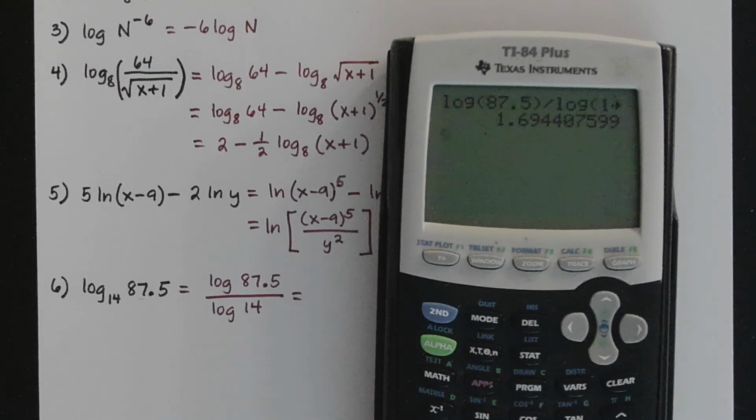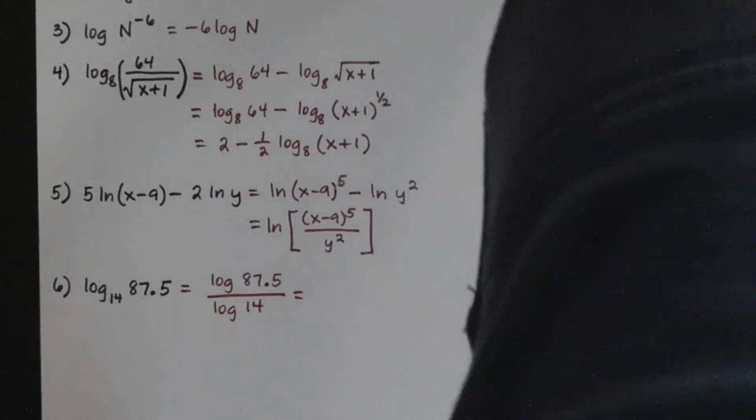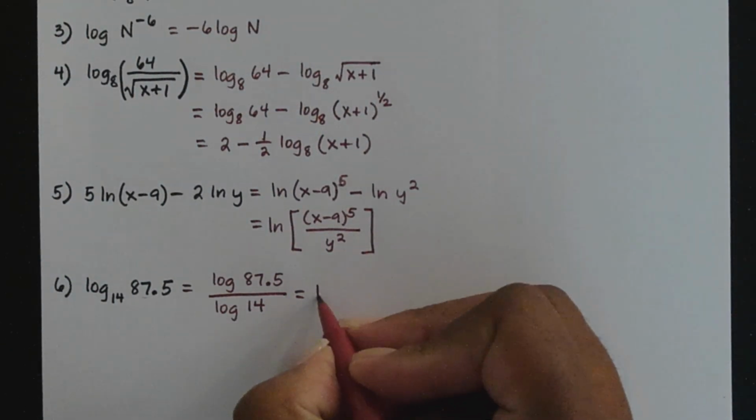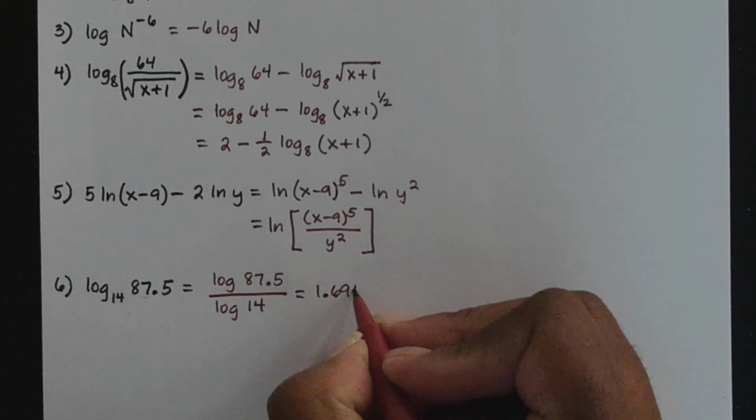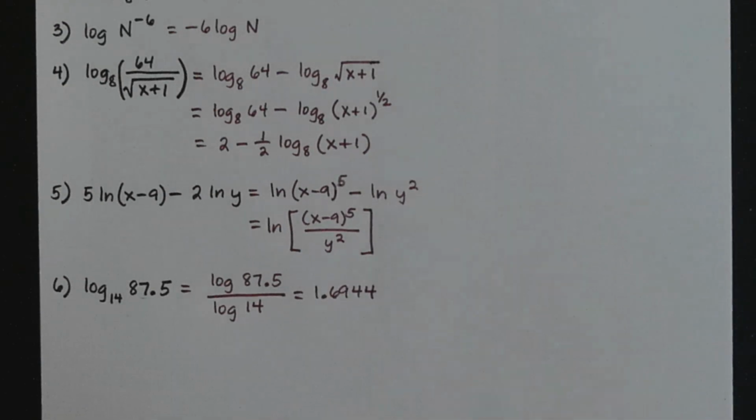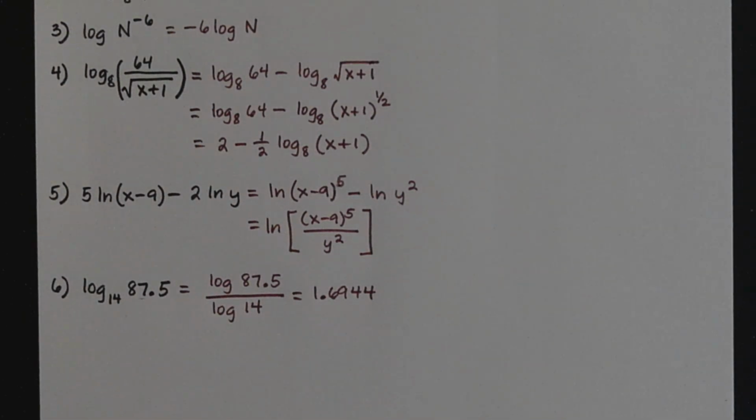So what would this value be? Okay, 1.6944. Okay. So that would be the approximate value for log to the base 14 of 87.5. All right, are there any questions about problem number 6?